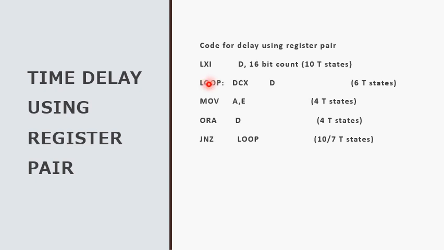The instruction jump on 0 checks whether the 0 flag is set or not. If the 0 flag is set, the flow of the program will jump to the given label. Else the flow will continue below to the jump on no 0 loop instruction, right?